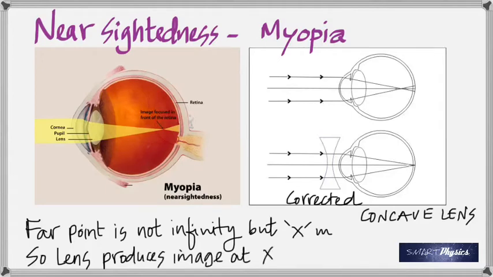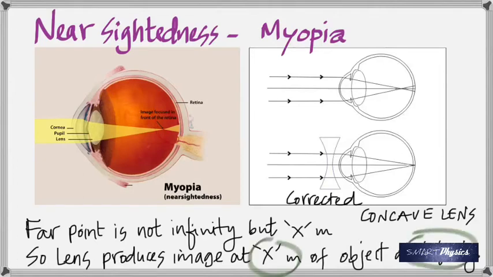All right. And as I said, far point is not infinity, but it's X meters. Therefore, when you work out problems, the lens produces the image at X meters of an object at infinity. I'm going to repeat that again. What do you want this lens to do? You want to see up to? Good. So an object is at infinite distance. What do you want this lens to do? You want that lens to produce the image at wherever your far point was.